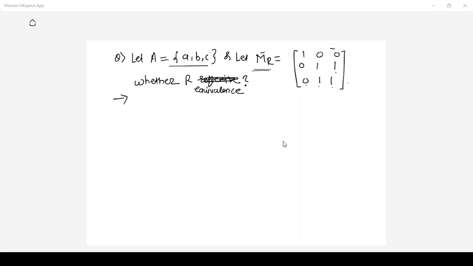Now in this question, relation R is defined in matrix form.